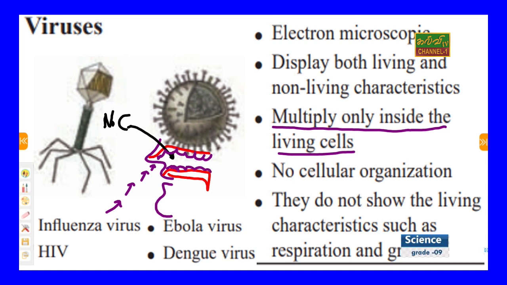Epithelial cells are in this area, the dark purple color. What happened? The virus can go inside and multiply in these cells because they are living cells.